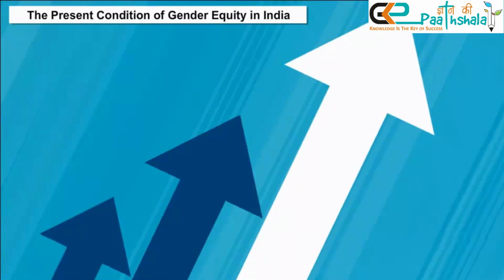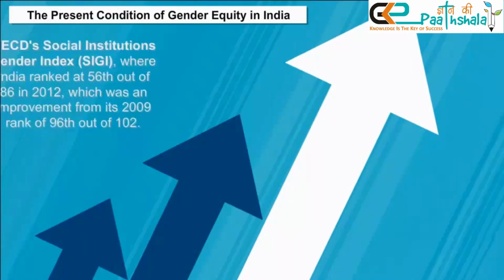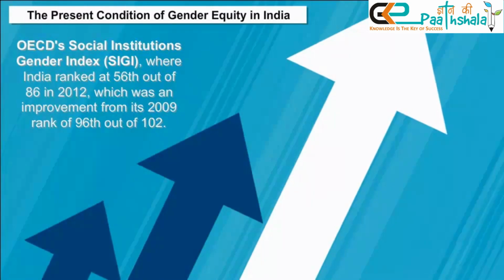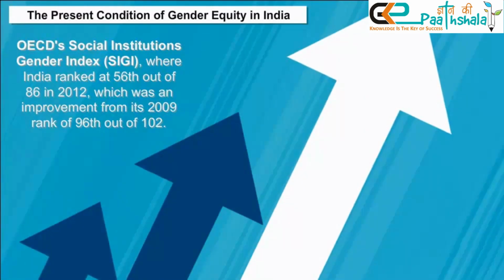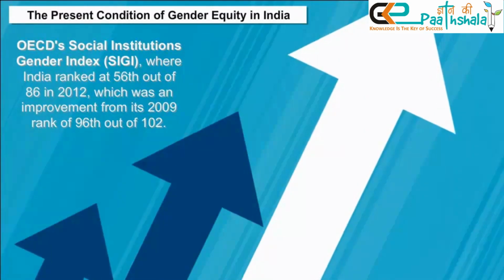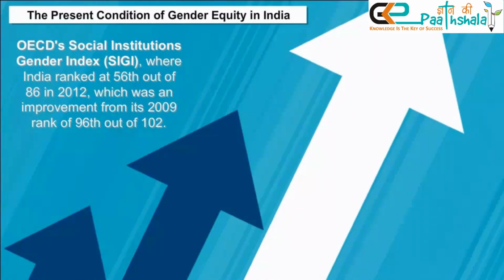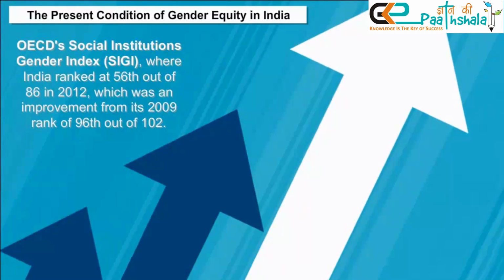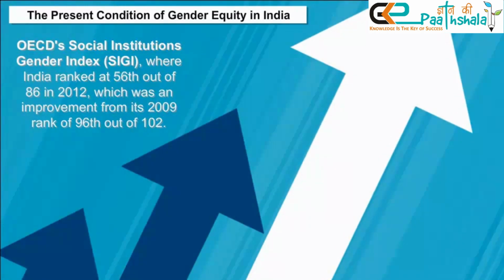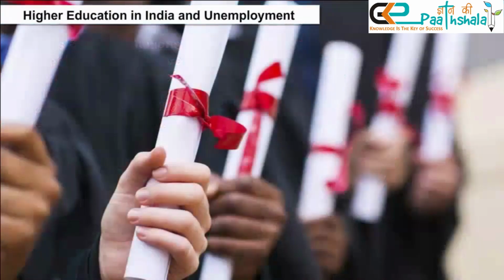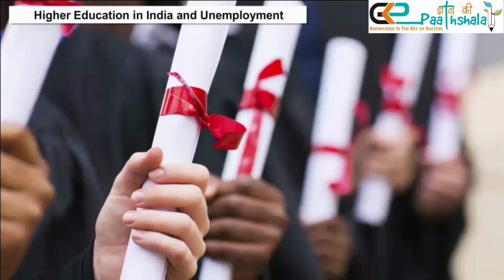In the alternate measures included in the OECD's Social Institutions Gender Index, that is SIGI, India ranked 56th out of 86 in 2012, which was an improvement from its 2009 rank of 96th out of 102.